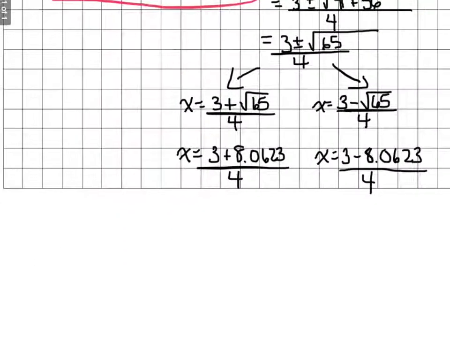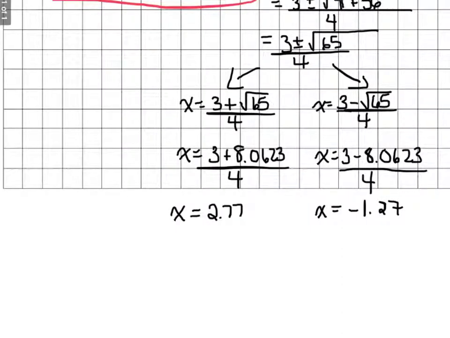Moving this up, I have x equals 2.77, and or x is equal to negative 1.27.